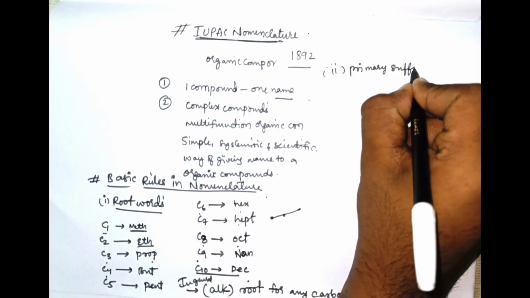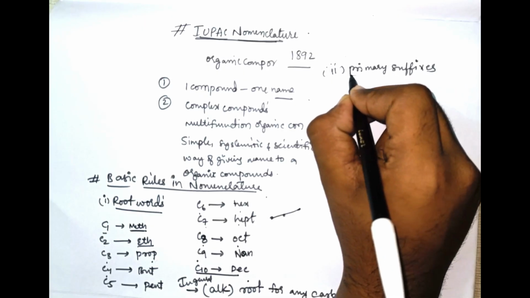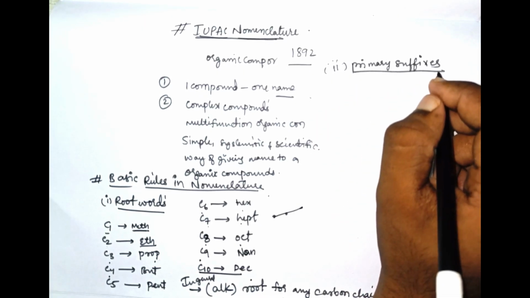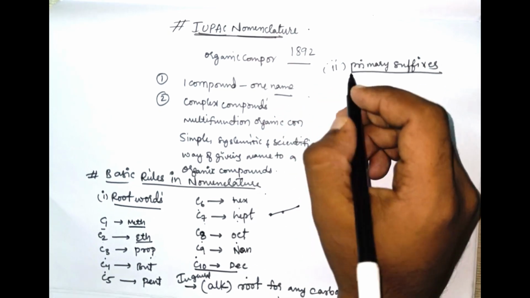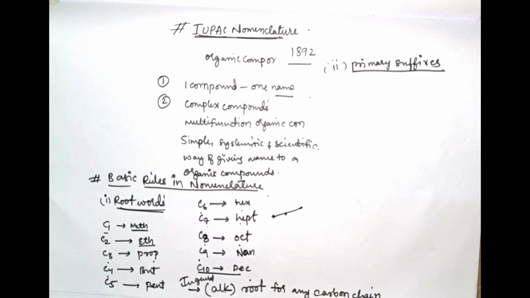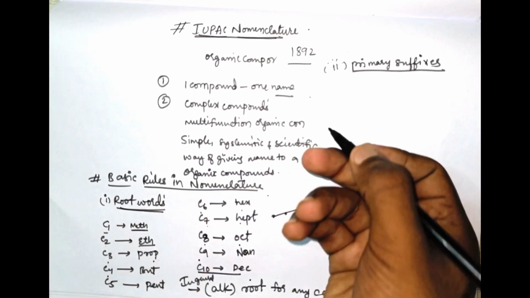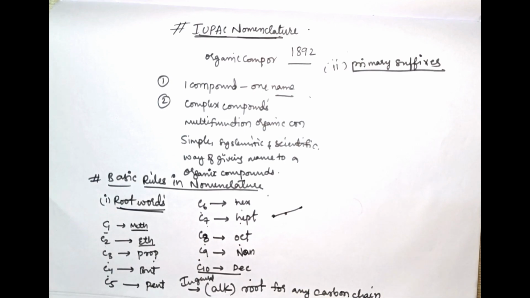That will be primary suffixes. So this is suffix. You're getting to know what is meant by suffix. Suffix is something which we add after the root word. I'll be telling the way in which we must arrange all the parts of an organic compound.